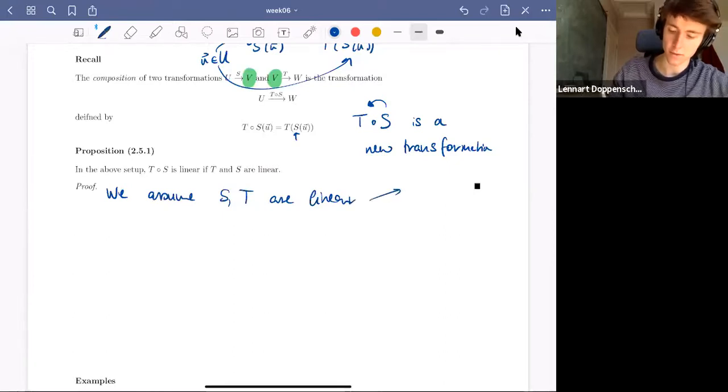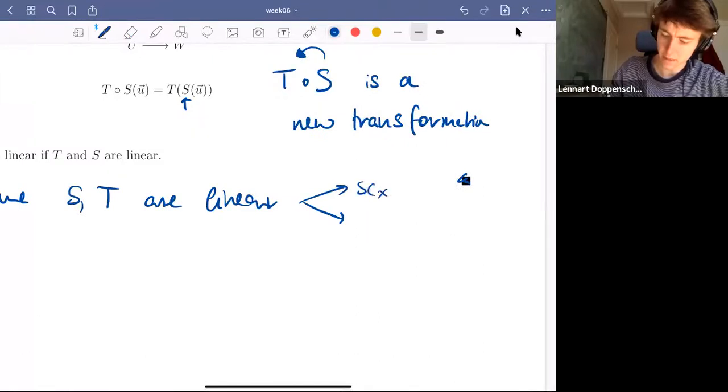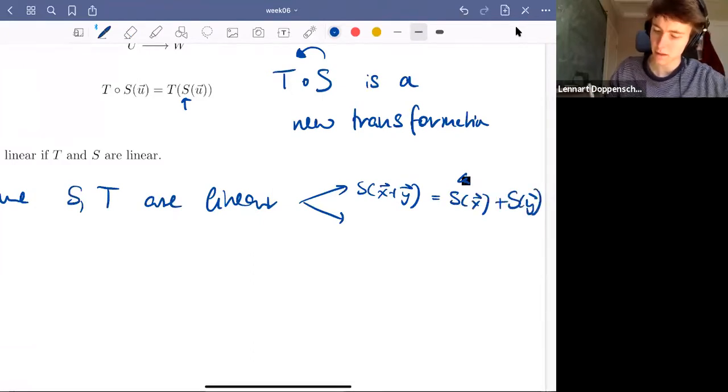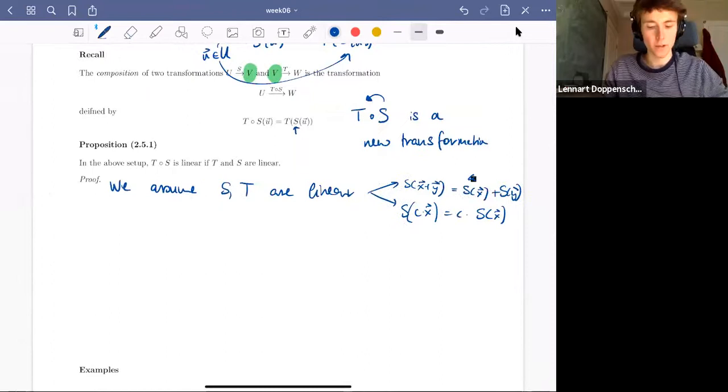So this means two things, that S of x plus y is equal to S of x plus S of y. And if we have c times x, and you apply S to this, you'll get c times S of x. And now we want to show this for the composition.